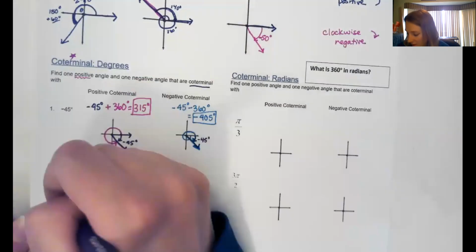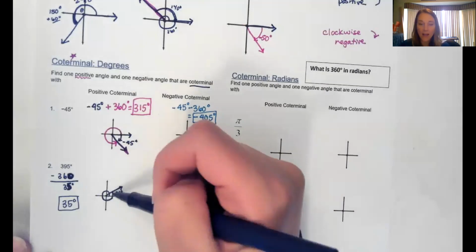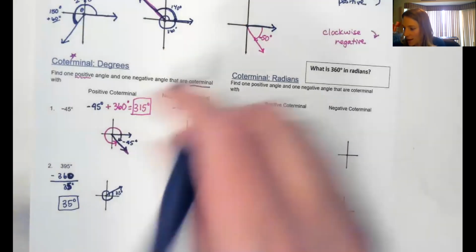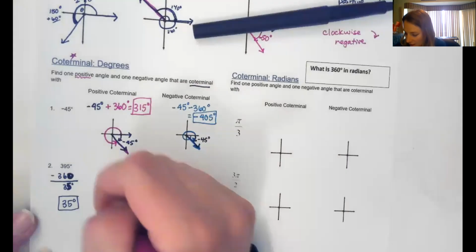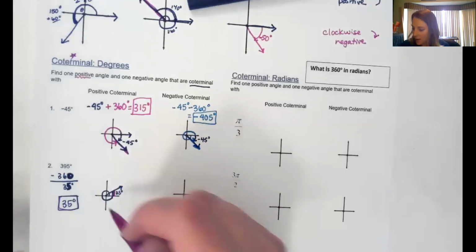Well, wait a minute, 35 degrees is positive. So I could just say 35 degrees is coterminal. Instead of going all the way around and then 35 more degrees, I could just go 35 degrees, and that would be coterminal.